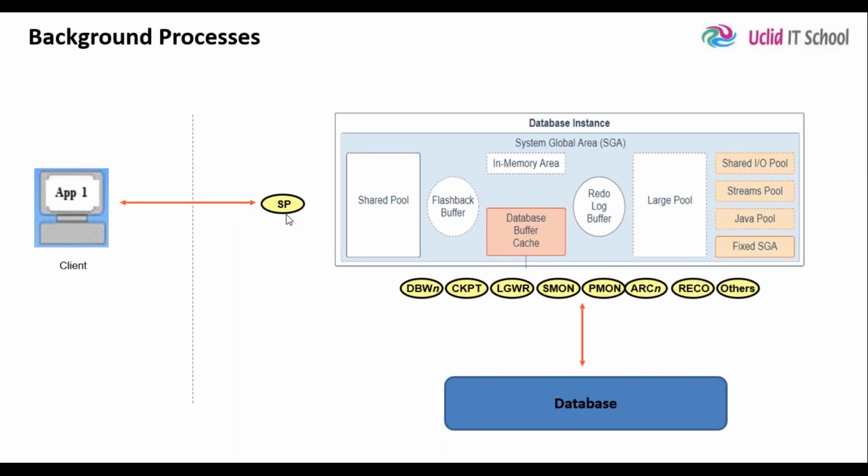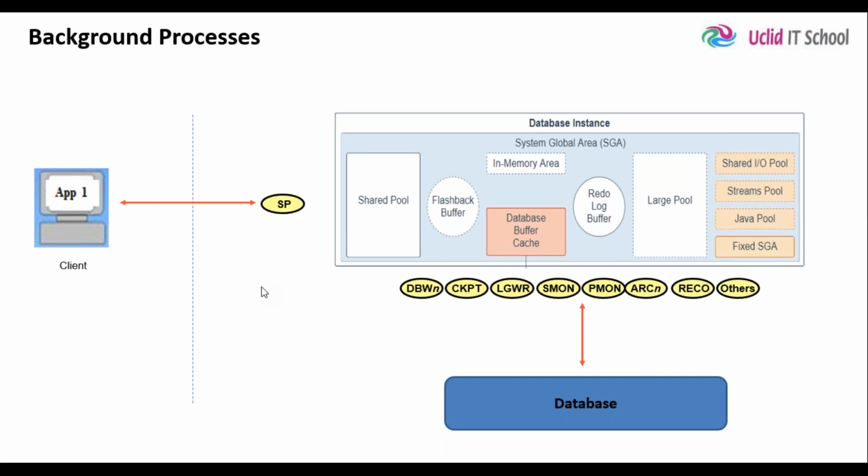The server process internally coordinates with the background processes and uses the memory structures to process the data. And ultimately, the server process will coordinate the work and return the results to the client application. So this is the big picture where you can see all these components present.